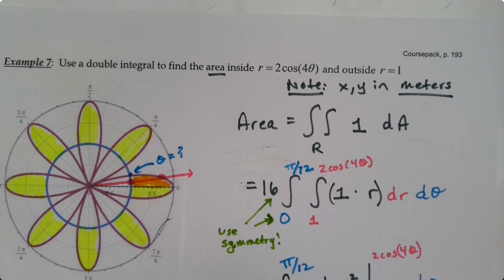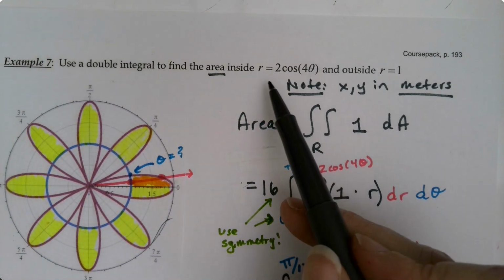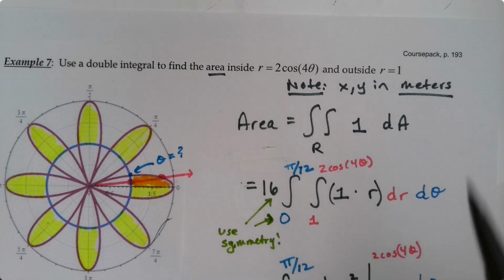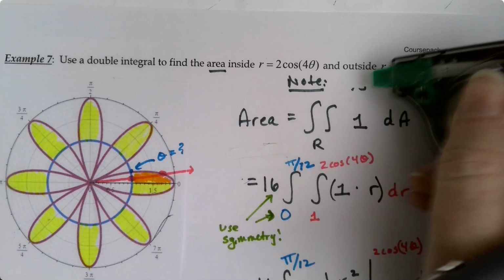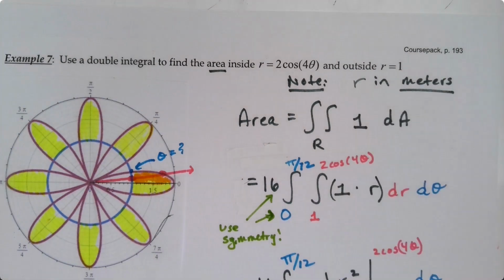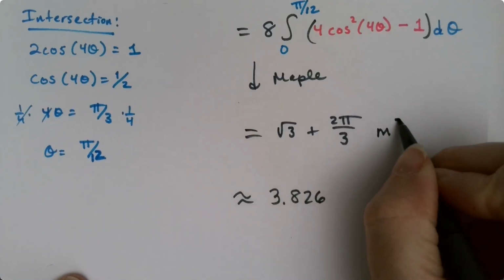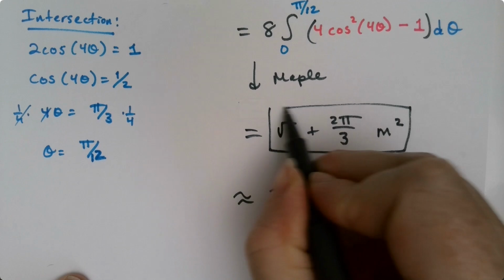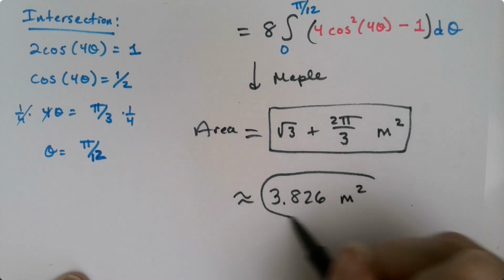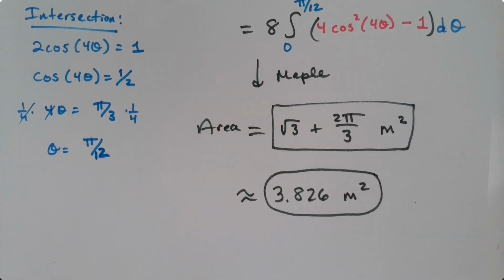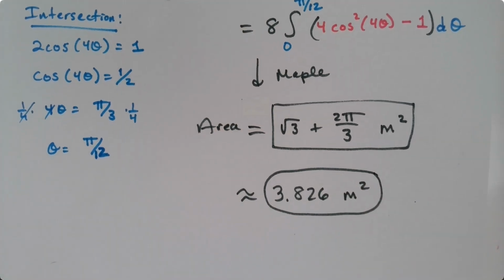So if our coordinate axes are in meters, or r is in meters, I'll say r in meters, because if r is in meters, that means x and y are in meters. So that would mean that this is meters squared, because this is an area, right? Meters squared. This was not a volume, because we were integrating a constant. Well, actually, we were integrating 1, that's why.